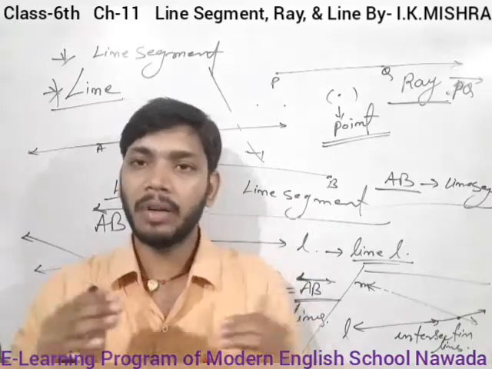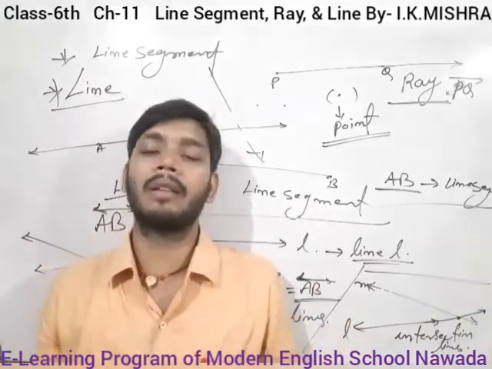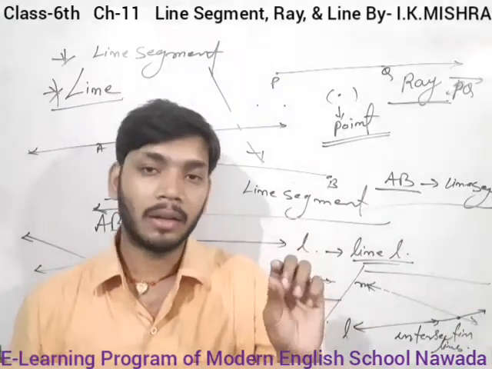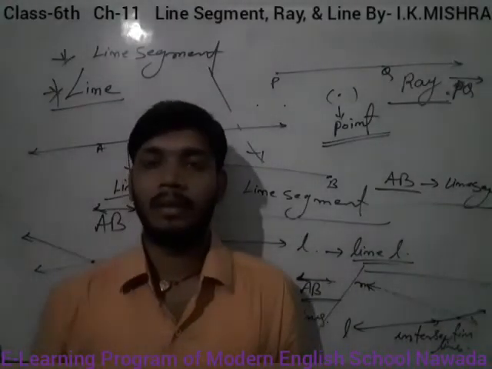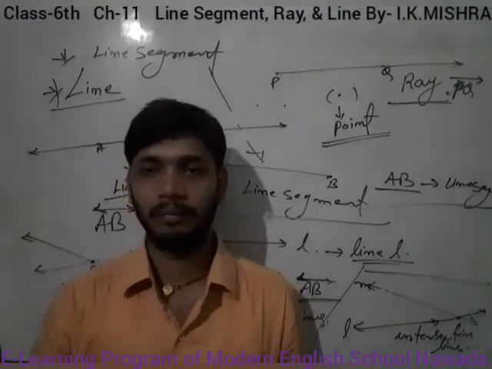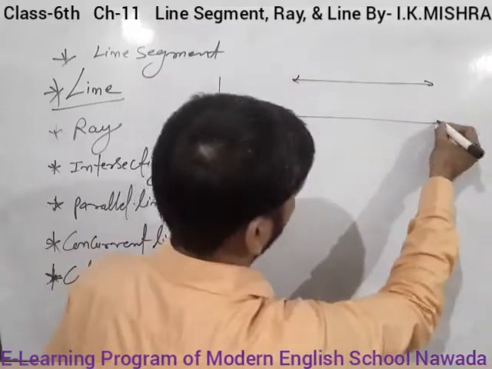But here a very important thing, when 2 lines never intersect or never have a common point, even when extended endlessly in both directions, that means, friends, those lines are known as parallel lines. Students, here these are 2 lines.